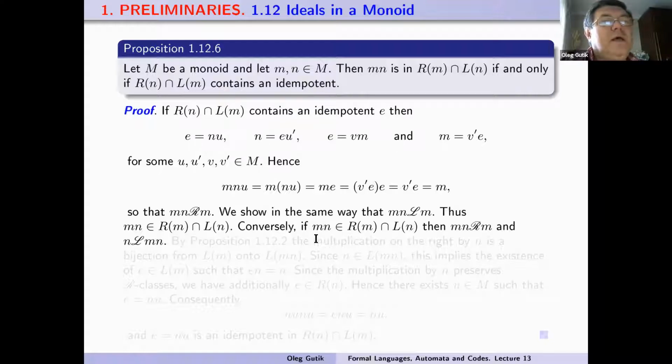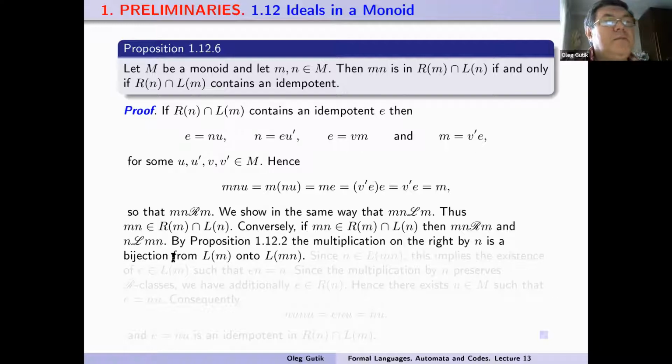Conversely, if the element mn belongs to the intersection of the classes R_m and L_n, then we get that the elements mn and m are R equivalent, and n is L equivalent to mn. By proposition 112.2, the multiplication on the right by the element n is a projection from the class L_m onto the class L_n.